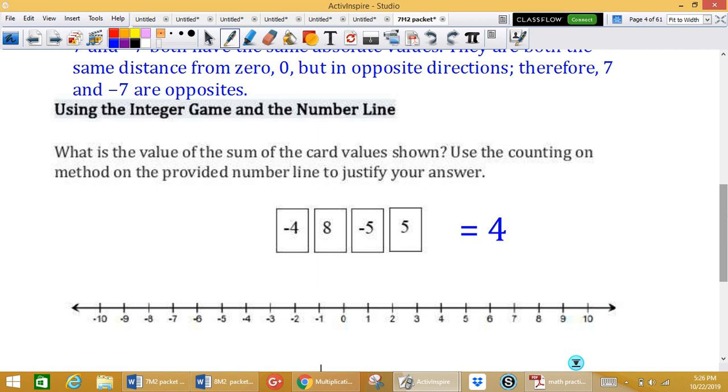So if I start at 0 and I go 1, 2, 3, 4 back, and then I go 8 forward, 1, 2, 3, 4, 5, 6, 7, 8, and then I'm going to go back 5, 1, 2, 3, 4, 5, and then I've got to go up 5, 1, 2, 3, 4, 5. So the answer is 4.